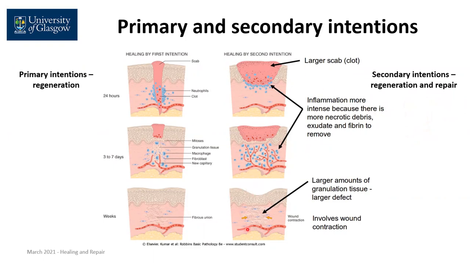But the take-home message is that the process is very similar, whether it be regeneration or repair. But in repair, you get excessive amounts of granulation tissue and then excessive amounts of collagen deposition in the extracellular matrix, basically excessive scarring of the tissue when you undergo the process of secondary intention.